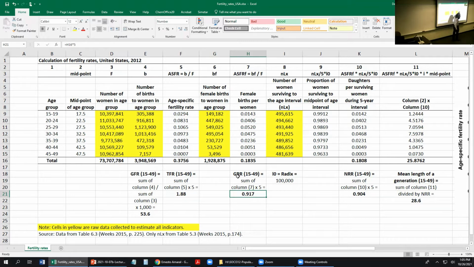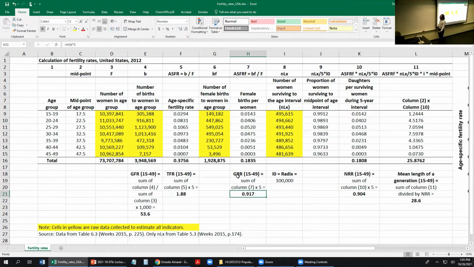So we just get these numbers here, add them all, and multiply by 5 in a similar way as we did with the gross reproduction rate, the total fertility rate. We add this all, 0.18, multiply by 5, 0.904.